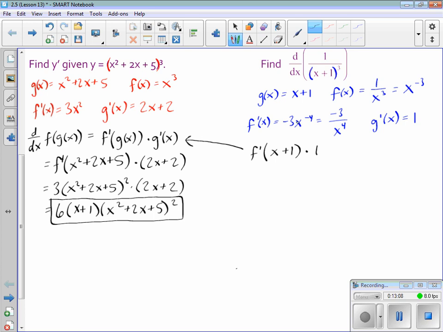And my f prime was negative 3 over x to the fourth. So what do I do with this x plus 1? Plug it in for x. So it turns into negative 3 over the x plus 1 to the fourth. Good. And we're actually not going to clean that up at all. You're just multiplying by 1, so you don't even have to worry about that extra bit.